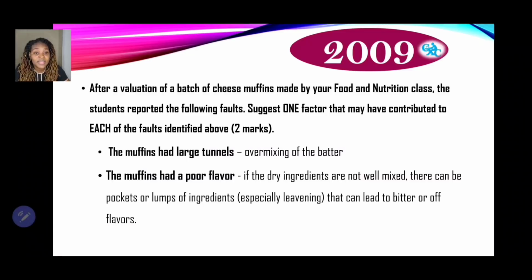Now the muffins had a poor flavor. Now let us look at why this may be so. Now if the dry ingredients are not well mixed, there can be pockets or lumps of ingredients, especially leavening agents. Good. That can lead to bitter or off flavors.